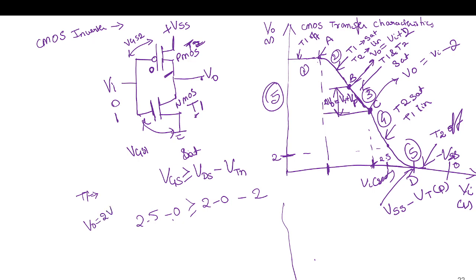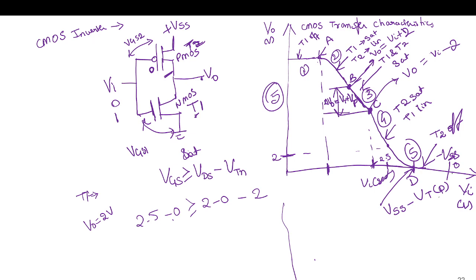Because T1 is this NMOS and T2 is PMOS. So if we increase input, PMOS will turn off, no. So saturated to linear it should come, no. It will turn off here when it is VSS minus VTP.